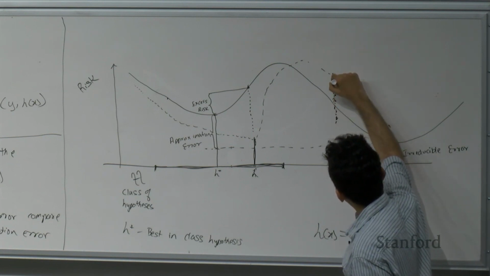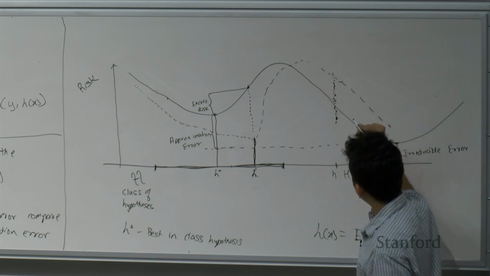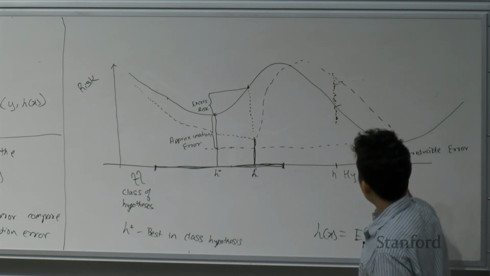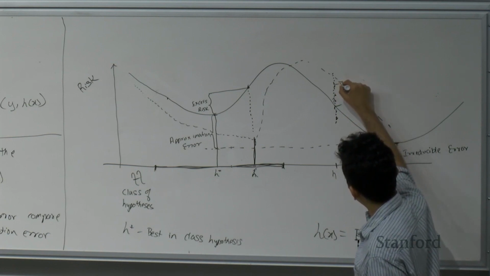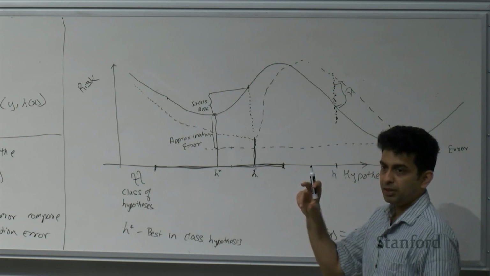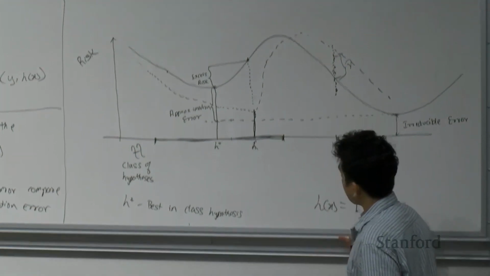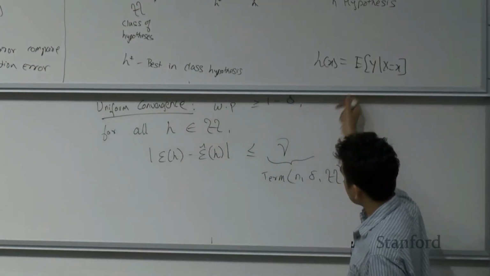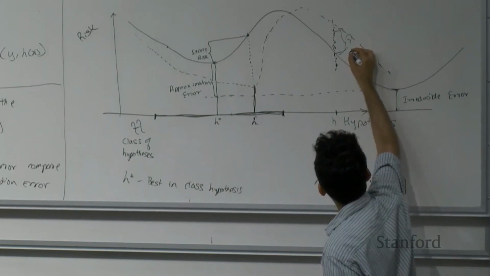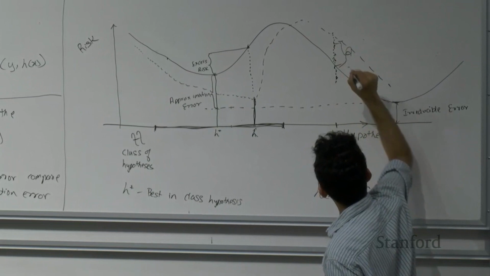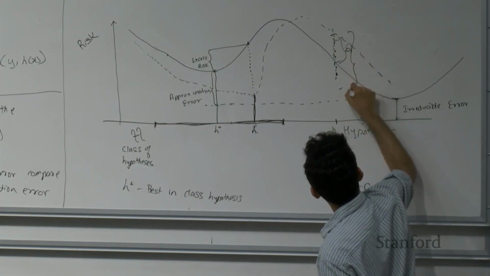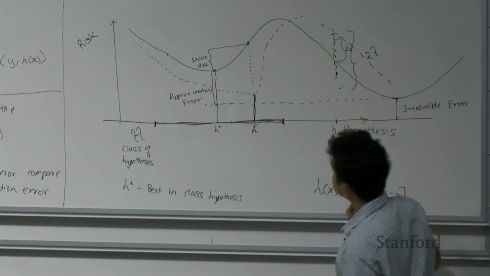the point that we get, the empirical risk that we get and the true risk at that point, the gap between the two, is going to be less than gamma. So there is going to be some upper and lower bound, plus gamma and minus gamma, so this is a gap of 2 gamma.